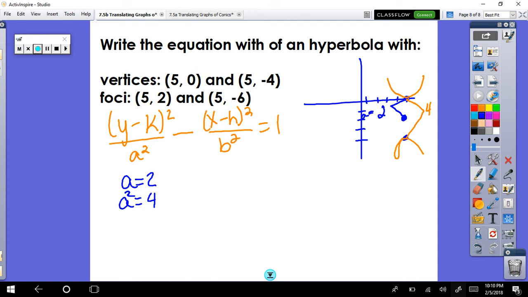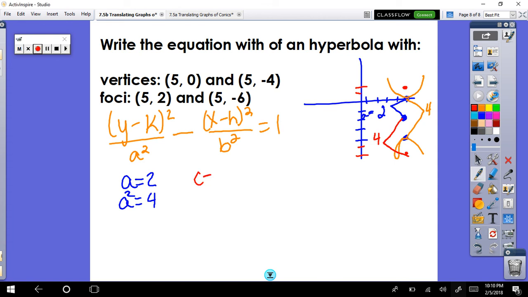Then it gives me my foci again, so I can graph those. That's 5, 2, and 5, negative 6. So the distance from the center to the foci is your C value. That's a distance of 4.